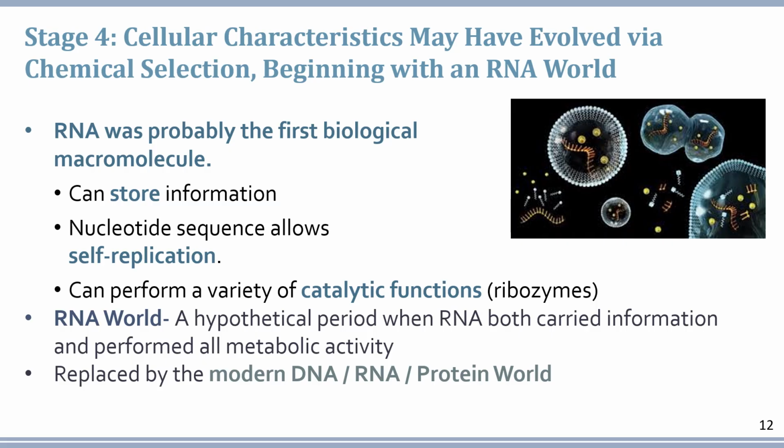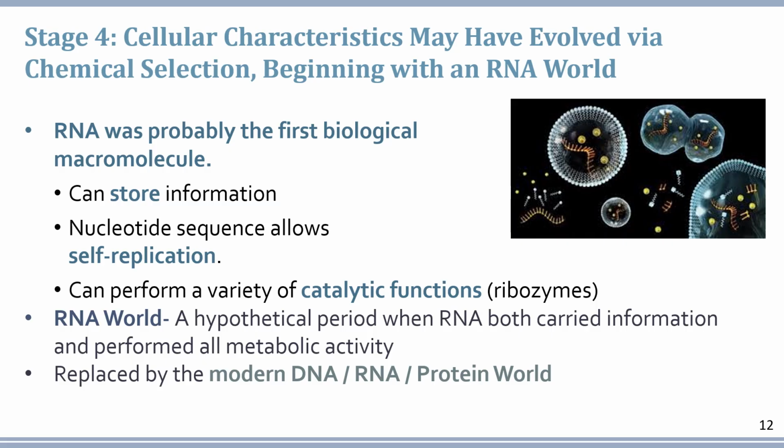And so it is hypothesized that the very first biological macromolecule was probably RNA. And you're probably thinking, well, don't all cells have DNA? They do. All cells now have DNA as their genetic material. But the reason that RNA is thought to be the first biological macromolecule is that because it's a nucleic acid, it can store information.